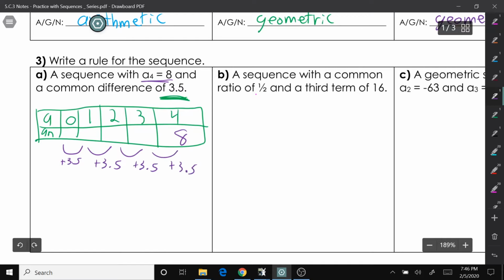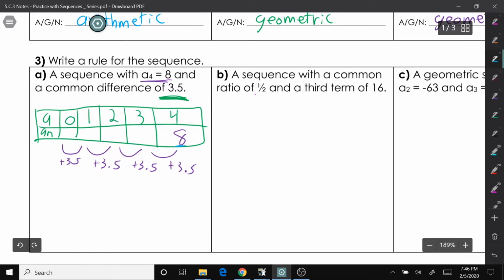So to go and fill in the other x values, I need to do 8 minus 3.5, and then keep subtracting 3.5 until I get my y-intercept. So 8 minus 3.5 is 4.5. Then subtract 3.5 again. We get 1. Subtract 3.5 again, we get negative 2.5.